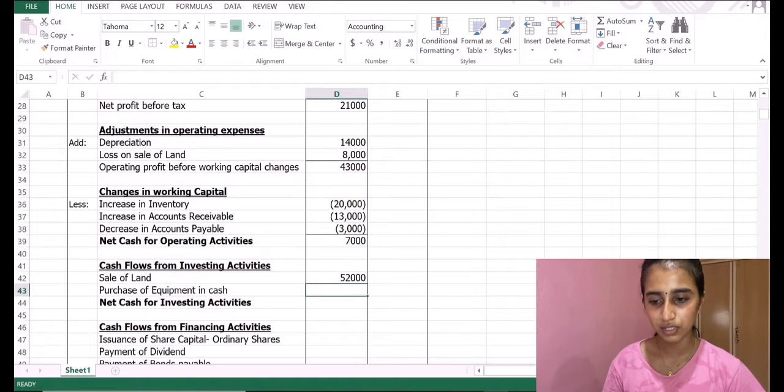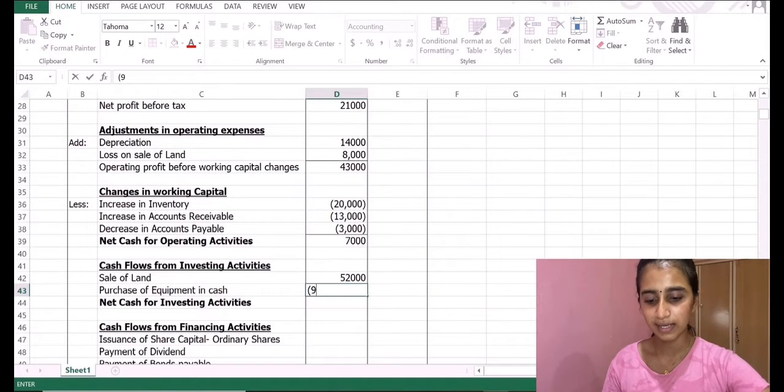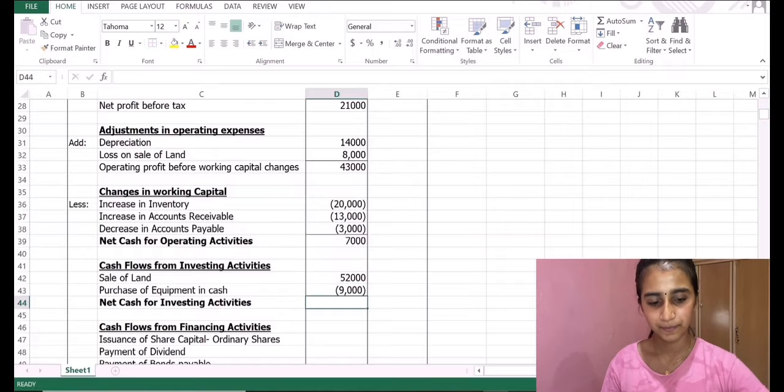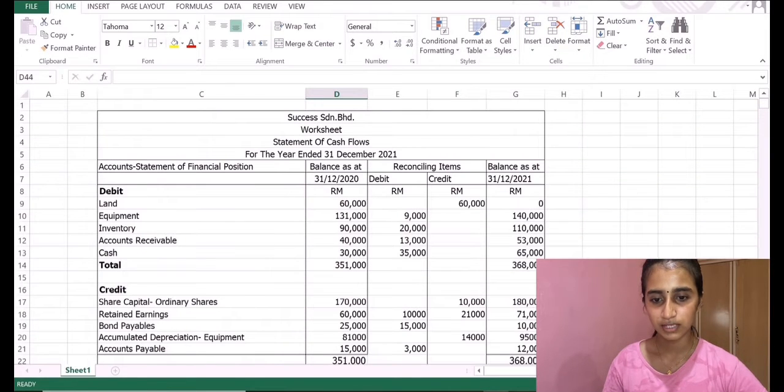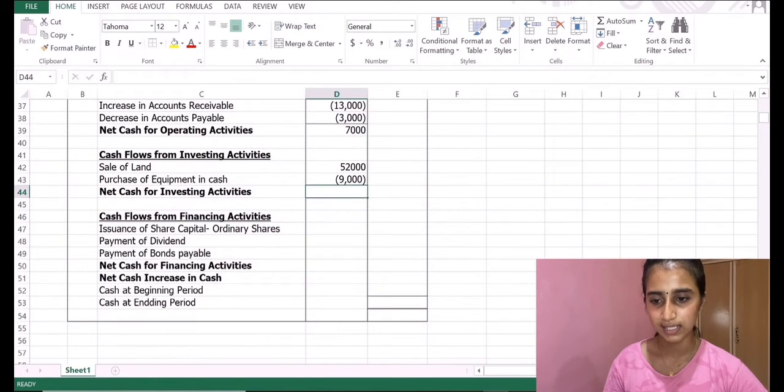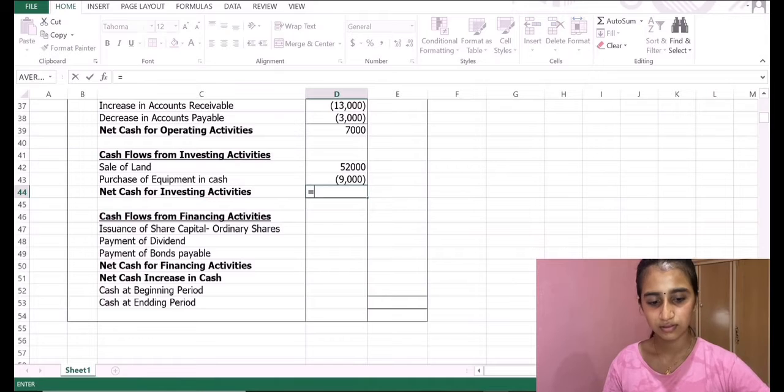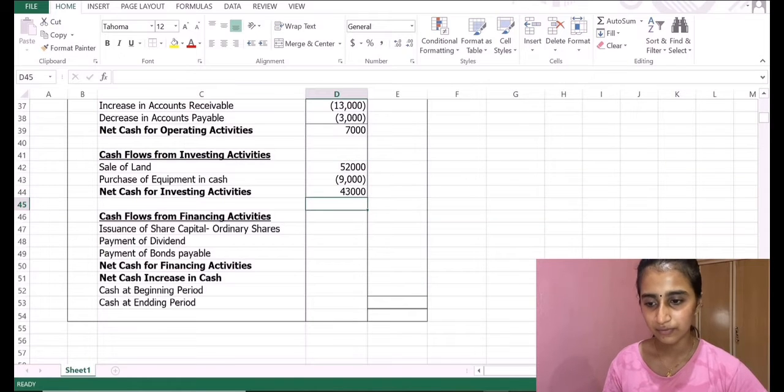Then purchase of equipment in cash, so the cash is decreasing, so we have to minus 9,000. Here the 9,000 for equipment is on the debit side, so we have to minus. Then we sum up these two, and we get 43,000 for net cash from investing activities.